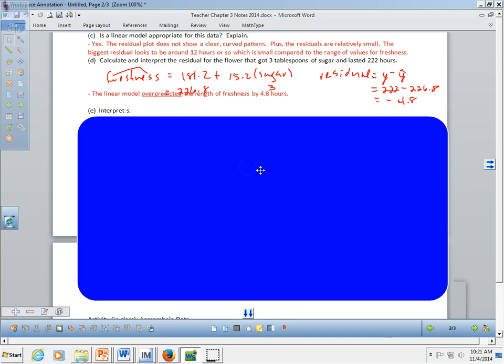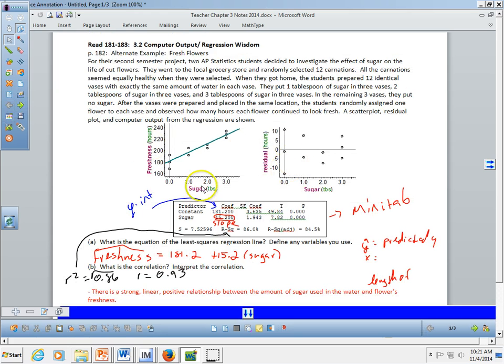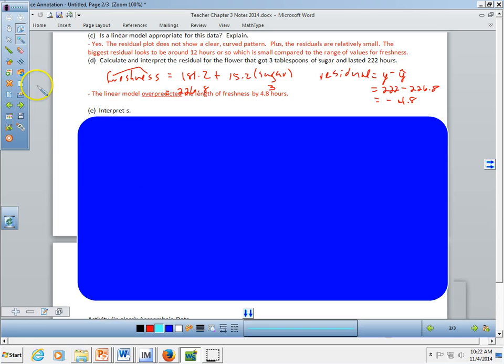Okay? Next question, interpret S. Well, it would be really nice if we knew what S was. Okay, again, you're not going to have to calculate it, so let's go find it. And if we arrow back to our computer output, S is cleverly disguised as S. Okay, this is your standard deviation of the residuals, so it's about 7.5.